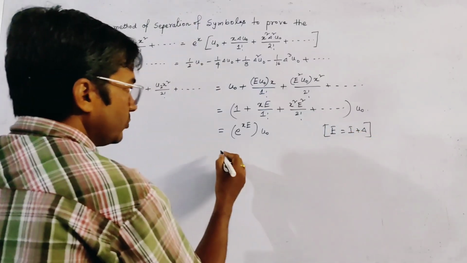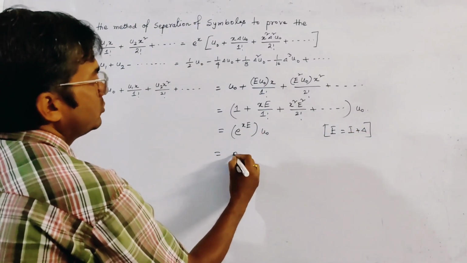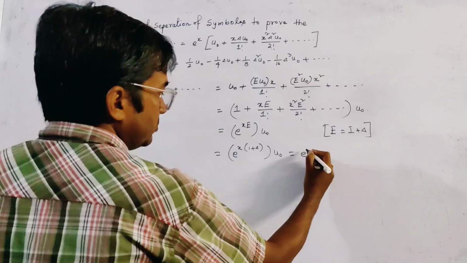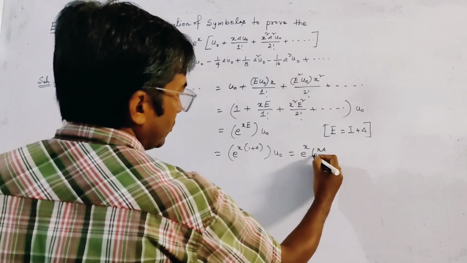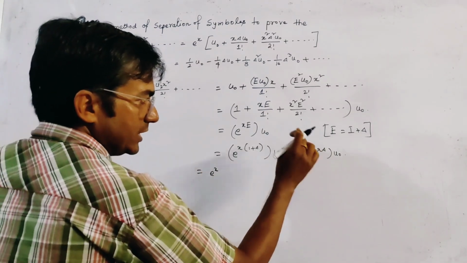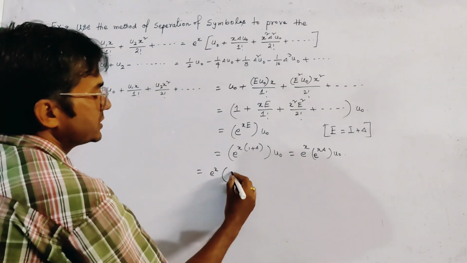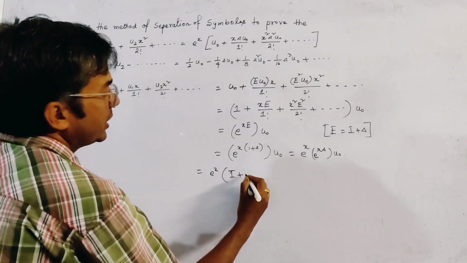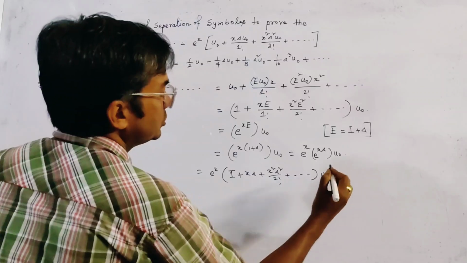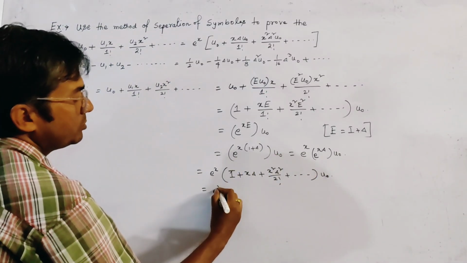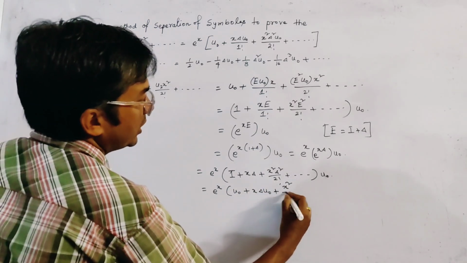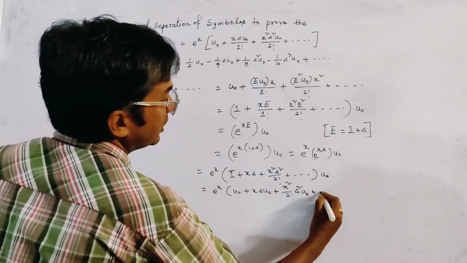We know this relation, and putting the value of E, we get e to the power x into (1 plus delta) of u0, that is e to the power x into e to the power x delta of u0, and we expand again this e to the power x delta by the exponential series, and this gives 1 plus x delta plus x square delta square by factorial 2, and so on, into u0, and operating on u0 we get e to the power x into u0 plus x delta u0 plus x square by factorial 2 into delta square u0 plus, and so on.